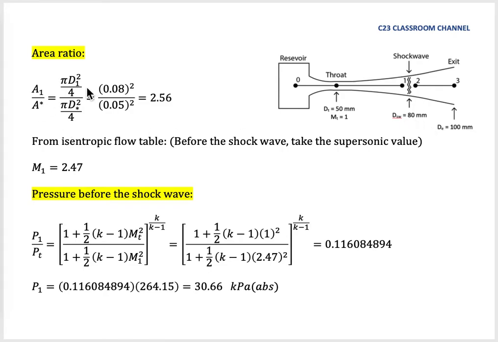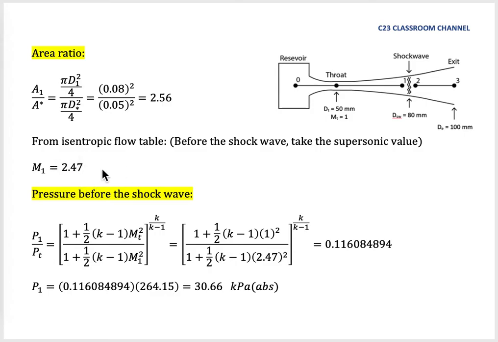So we use diameter of A1 is 0.08 meters and diameter of throat is given here as 0.05 meters. So we get the area ratio A1 over A star equal to 2.56. From the isentropic flow table, for area ratio 2.56, we get M1 equal to 2.47.